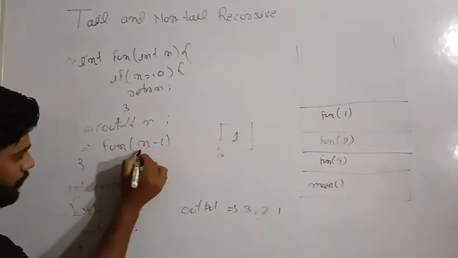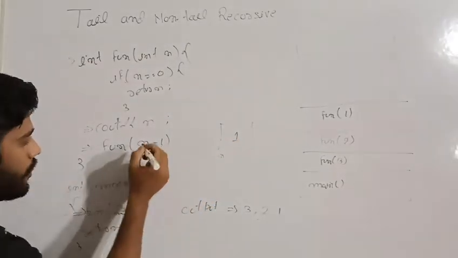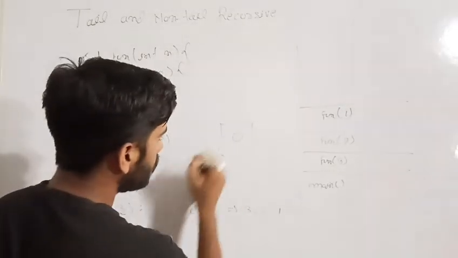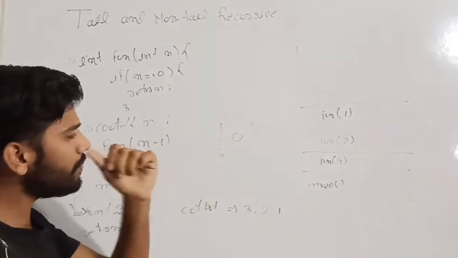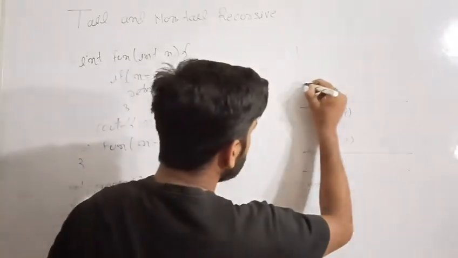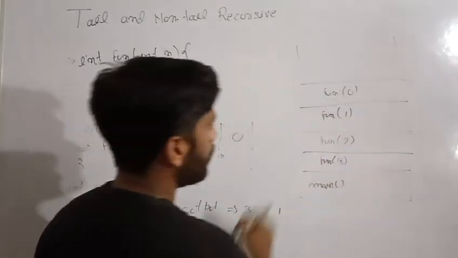Okay, now the function call is f(n minus 1). n is 1, and 1 minus 1 will become 0. Again it will call itself, which means a stack frame will be created, function 0.